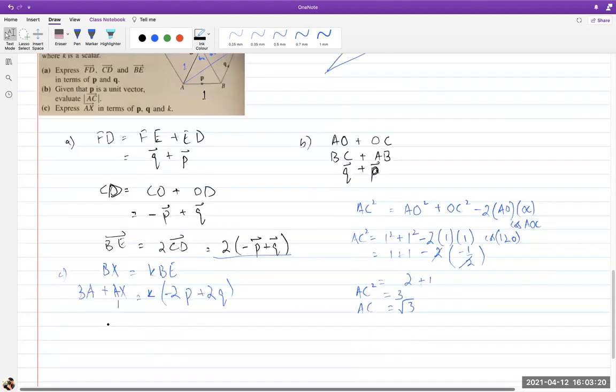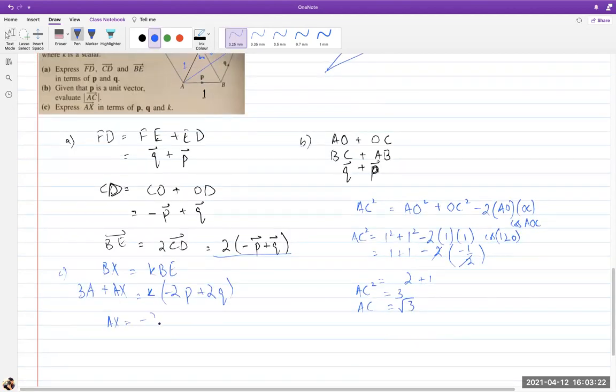So I'll just put that in there. So AX is going to be minus 2KP plus 2KQ minus BA. So what is BA? It's minus AB, right? So AX is going to be minus 2KP plus 2KQ minus BA, which is plus P. So I can just simplify this now.